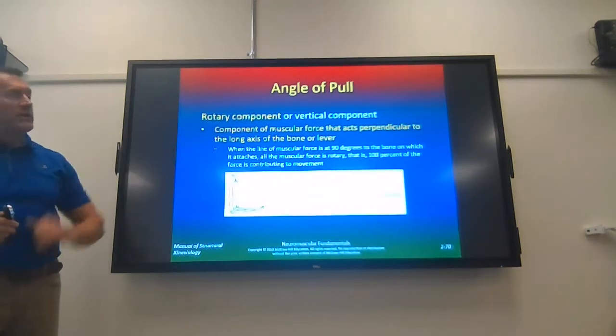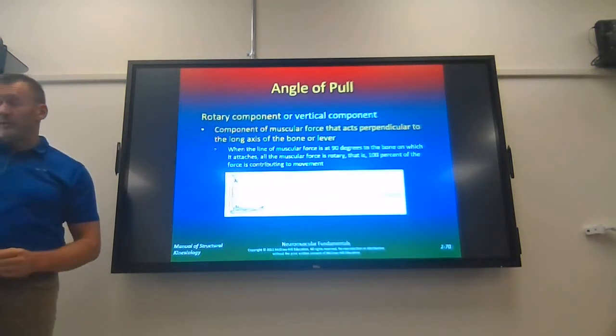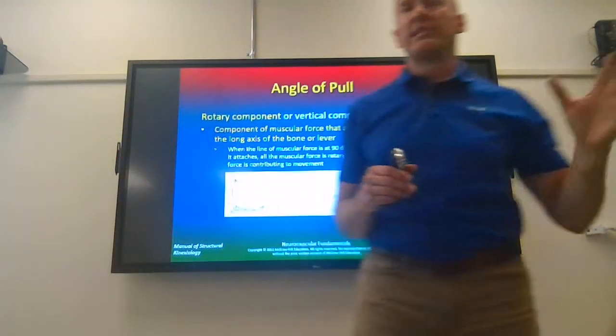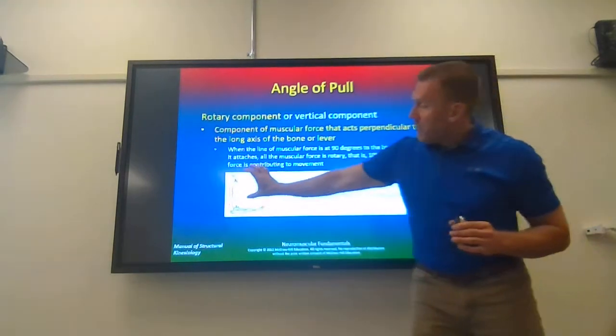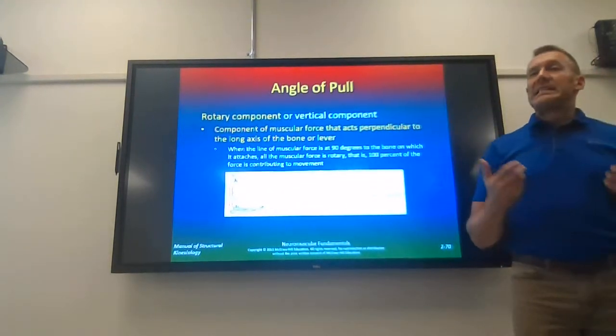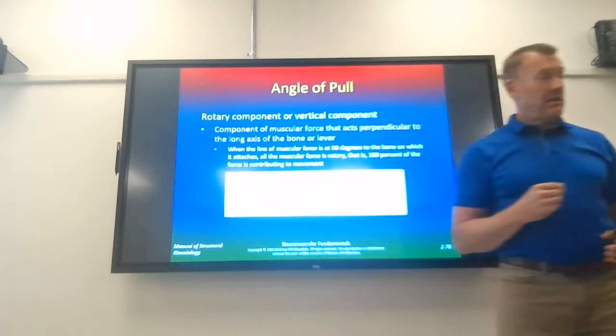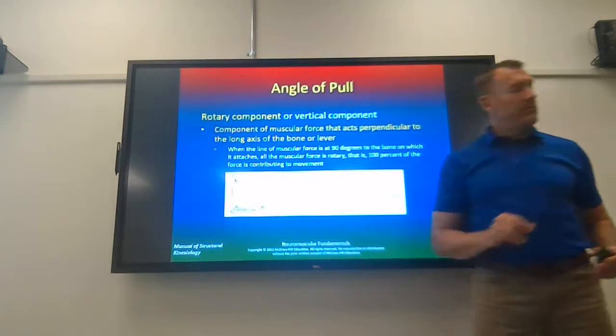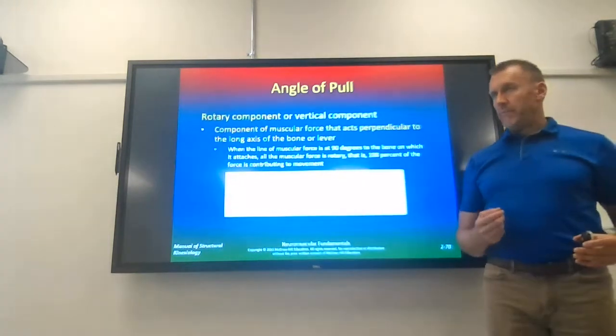We have 100% of this rotary component. 100% rotary component. That means 100% of this muscular output is acting to flex the elbow joint. So this is the biceps brachii that's represented there.